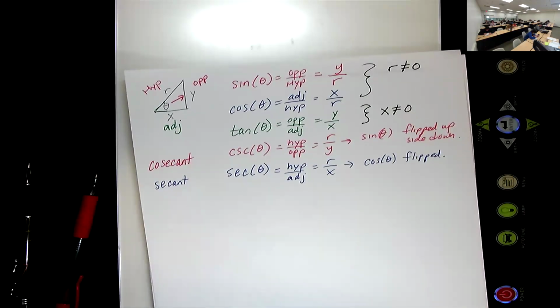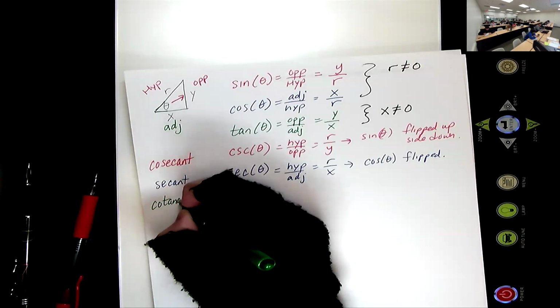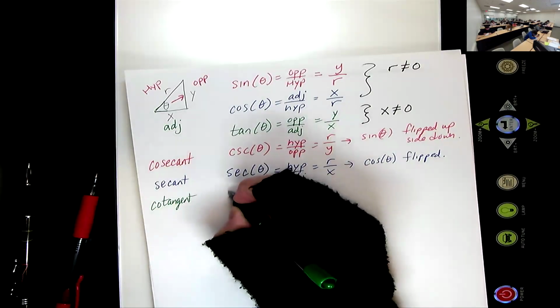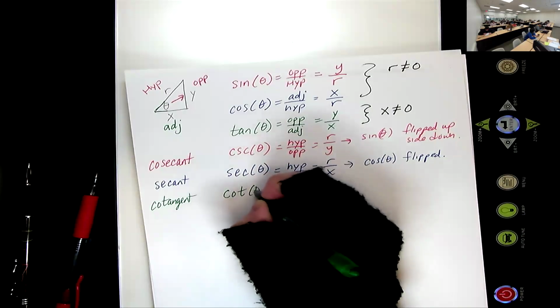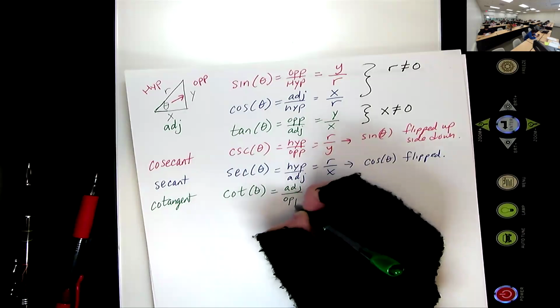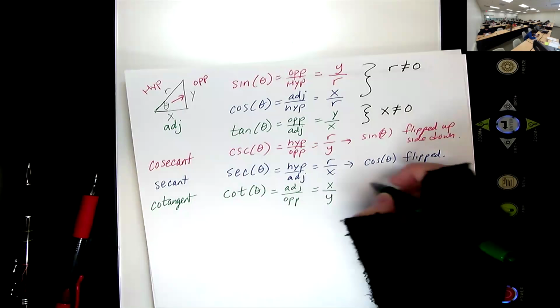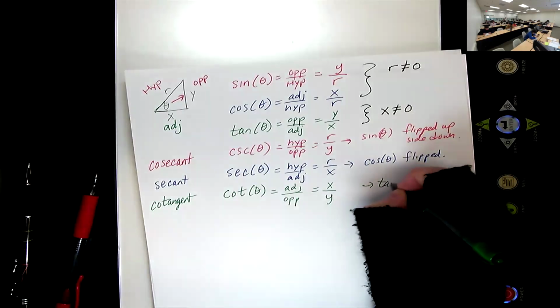And finally, we have cotangent. It's abbreviated COT, and it is adjacent over opposite, which is x over y. And this is tangent theta flipped.